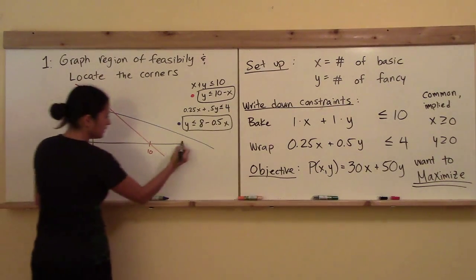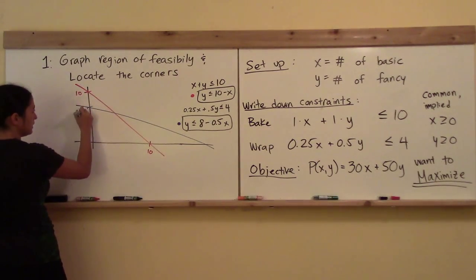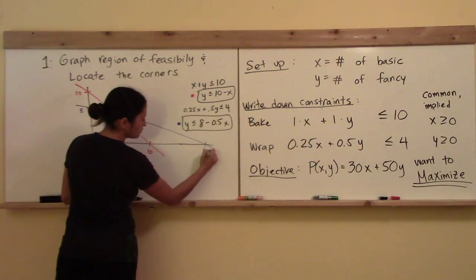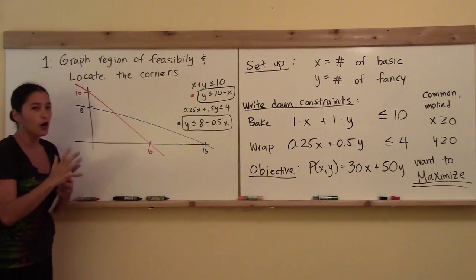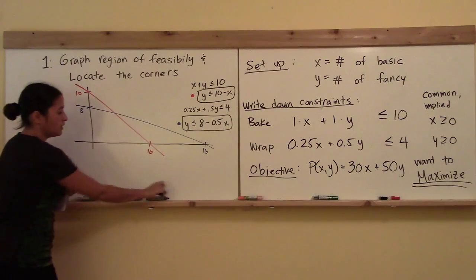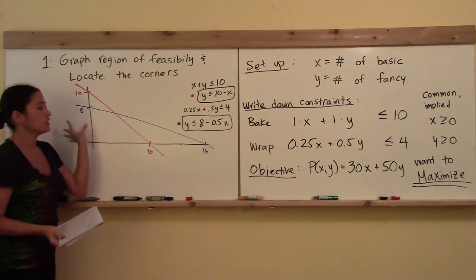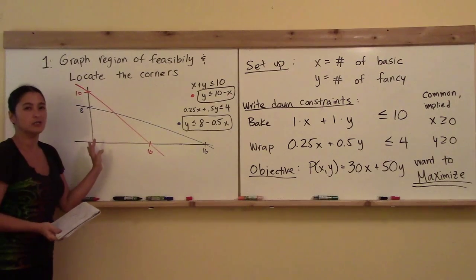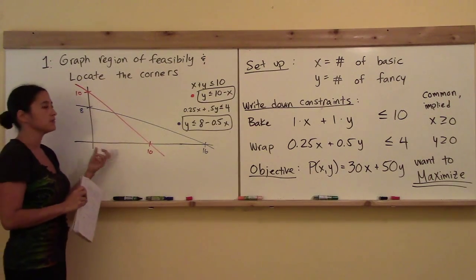So really, its corners are going to be that the y-intercept is 8 right here, and then the x would need to go all the way out to 16 to hit 0 over there. Okay, I'm not going to need all those numbers that I just used, but that just goes back to how to graph the equation of a line. You kind of want to get an idea of what the y and x intercepts are, and then you just connect those in a straight line. That's how I'm graphing the line.